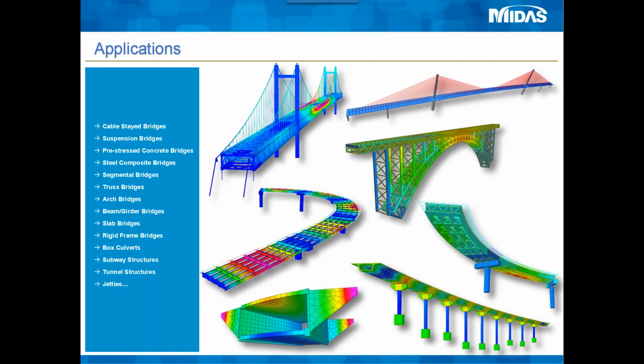The applications include simple bridges such as box culverts, slab bridges, frame bridges, to medium span bridges such as PSC girder bridges, box girder bridges, and even steel composite bridges. Then coming to longer spans, we have high-end bridges like cable stayed bridges, suspension, and extradosed bridges.